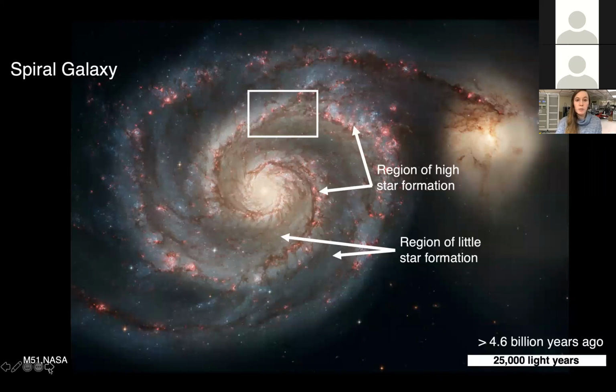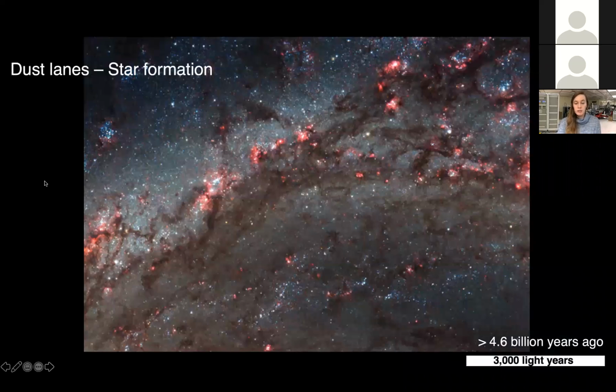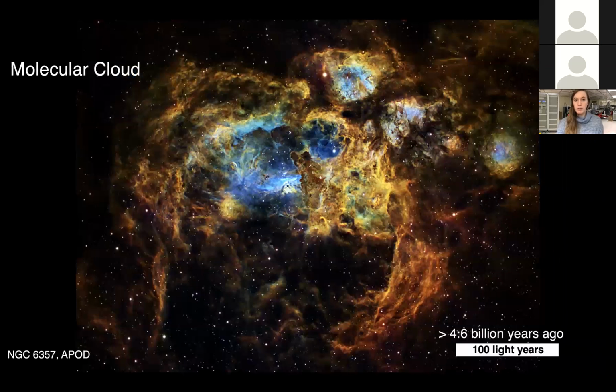So now we're going to zoom in on one of these spiral arm dust lanes. Here you can see more clumping of gas and dust and brighter areas that indicate star formation. We'll keep zooming in to this molecular cloud. A molecular cloud is an area in space that has a slightly higher density than the area around it.